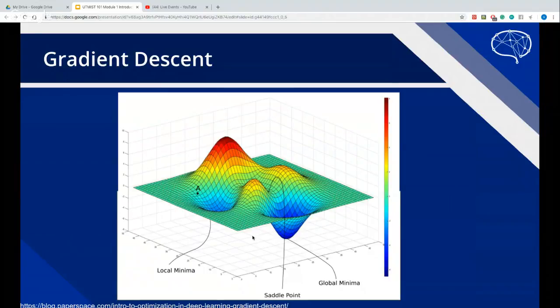It's a function that looks something like this. You can prove that the loss function of the linear regression model we had before is a convex function. So no matter where we initialize our weight, we always go to the local minima, which is the global minima in this case. So we find the best line that we can get for that specific model.